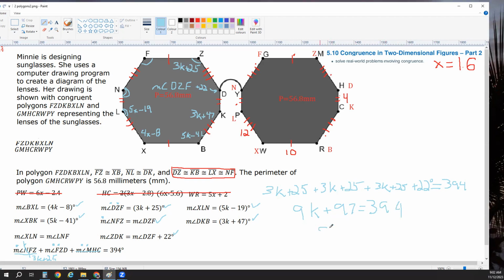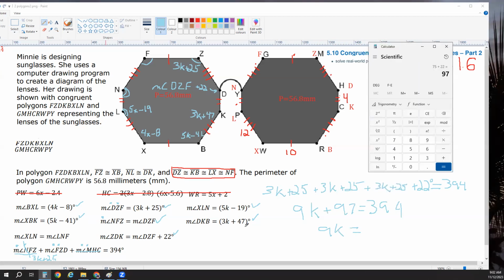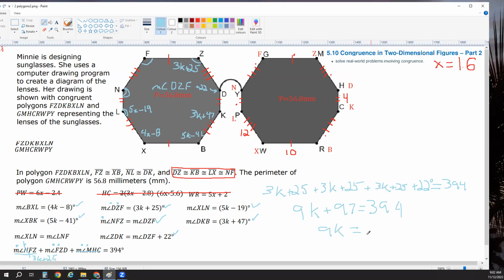So then we can say 9K equals 394 minus 97, which equals 297.